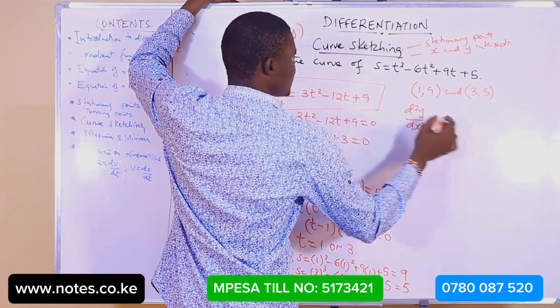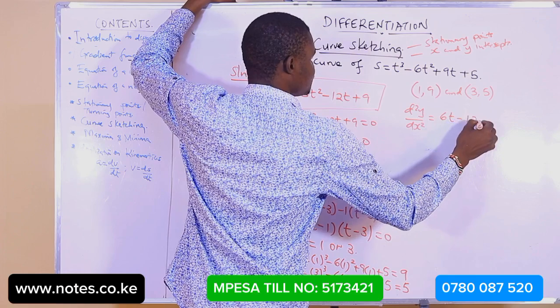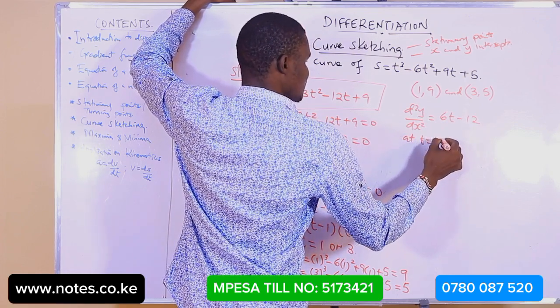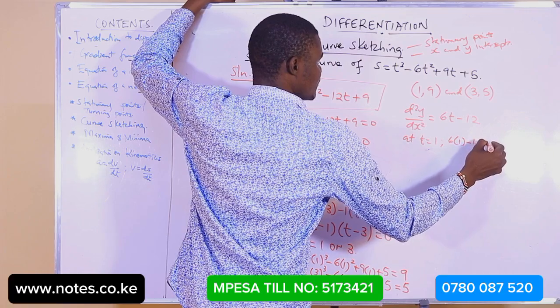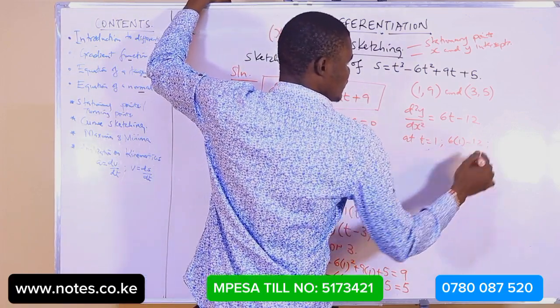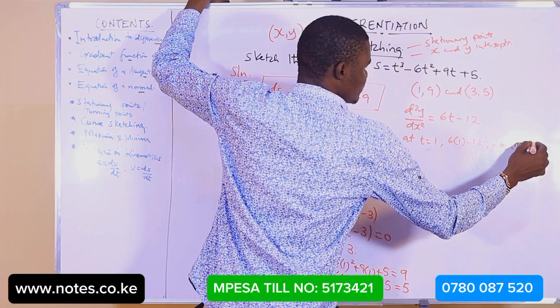So we are going to have 6t minus 12. So we just say at t is equals to 1, that is 6 into 1 minus 12. You are going to get 6 minus 12, that is negative 6, so it is a negative.